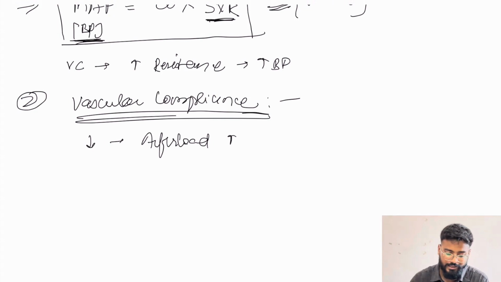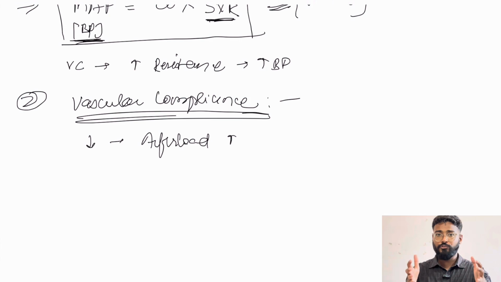So now you see this distension of your blood vessel. How does that amount of blood move further into your arteries? The moment the left ventricle contracts, the blood is ejected from your left ventricle into the aorta.